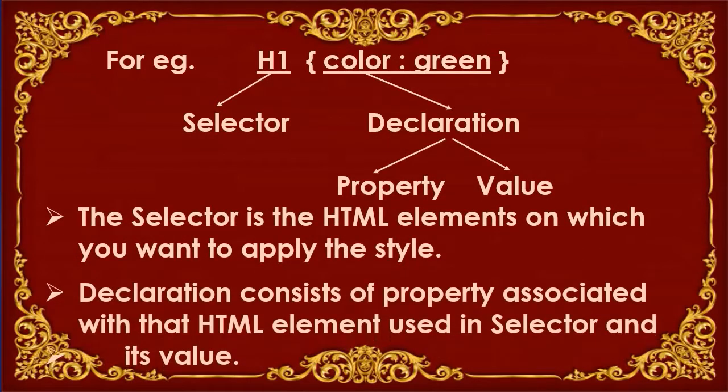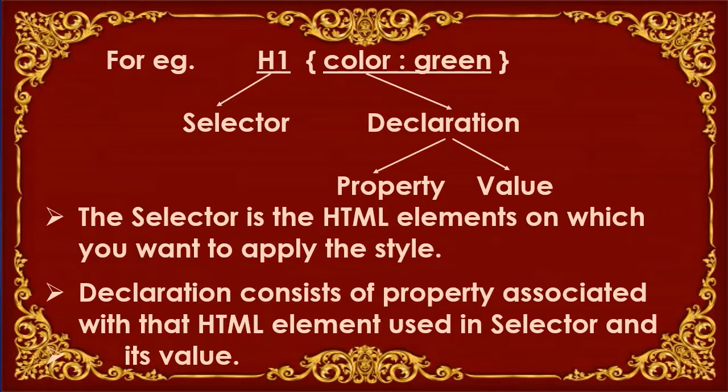For example, heading 1, that is H1, is the selector, that is first part of CSS, and color green is the declaration, that is second part of CSS. Here only one declaration is specified. We can give more than one declaration also.